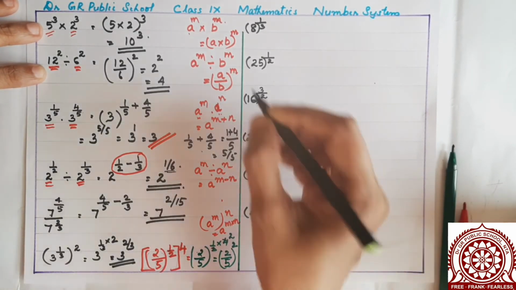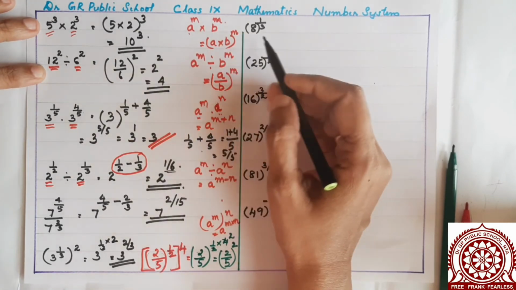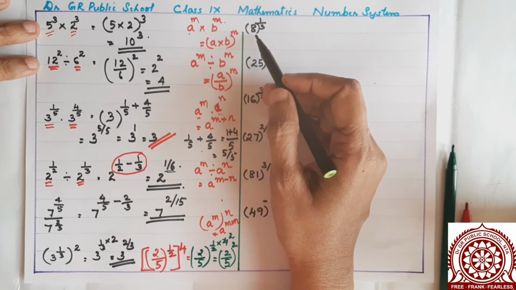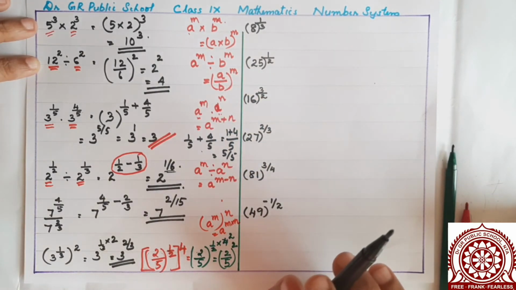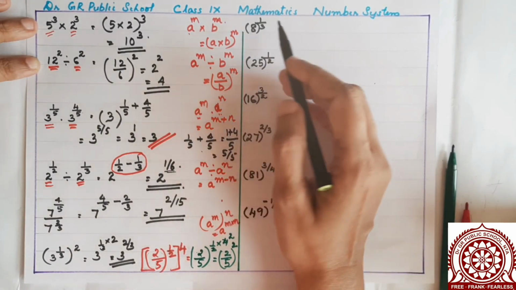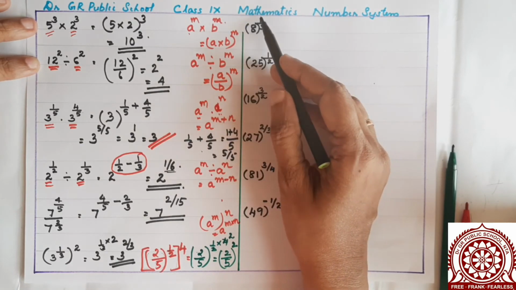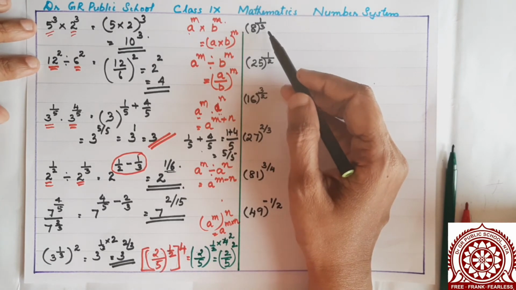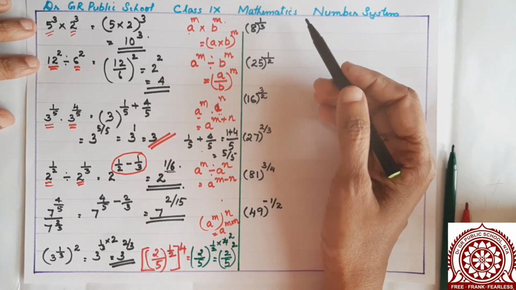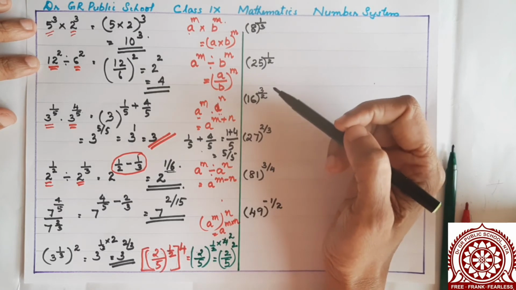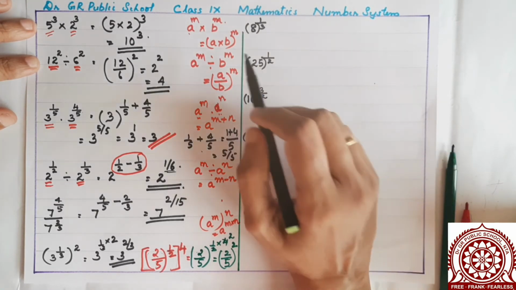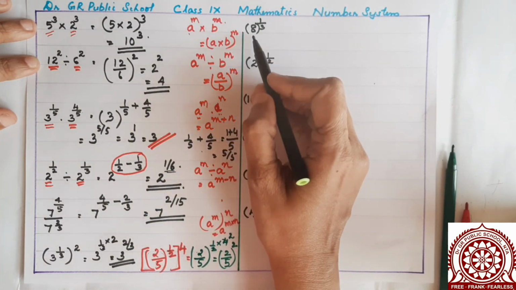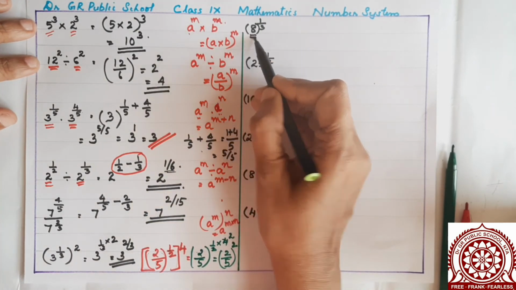Next question. 8 raised to 1 by 3. How can we do the simplification of this type of question? The given power is a rational number. So, can you do any simplification? You may think, can we do any simplification? Yes, you can simplify this type of question. For that, you have to take the prime factorization of the base.